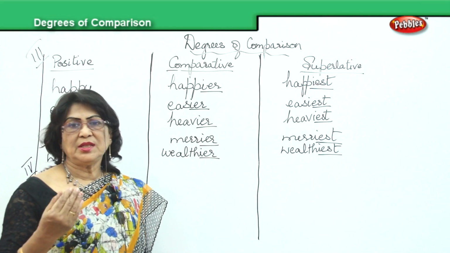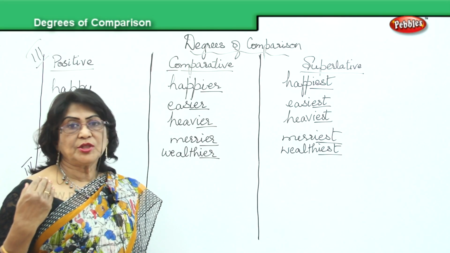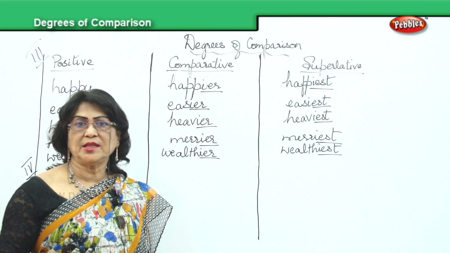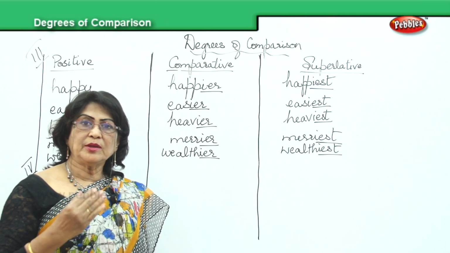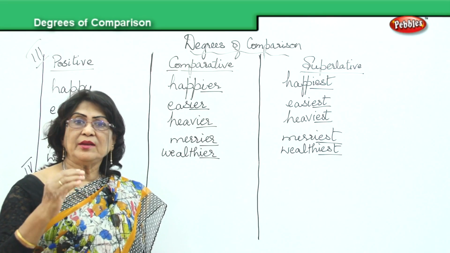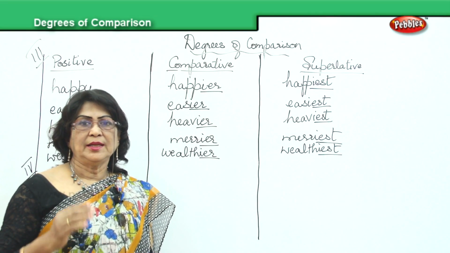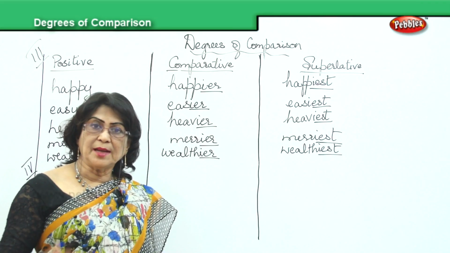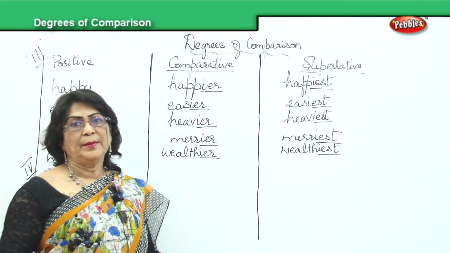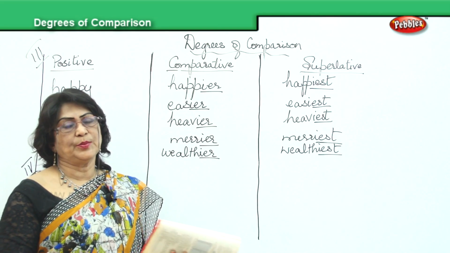So these adjectives which have consonants towards the end, that too when it is preceded by a very weak vowel, this consonant doubles and adds ER and EST for making comparative and superlative.